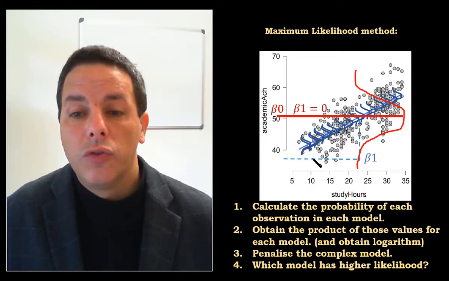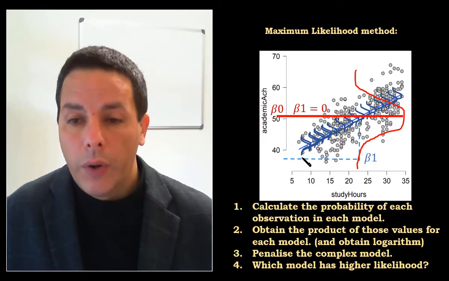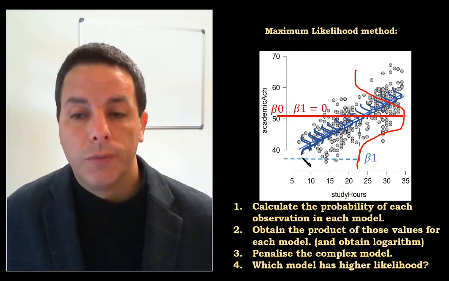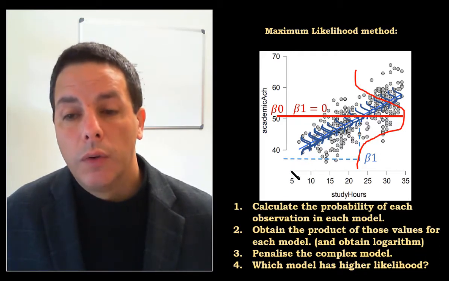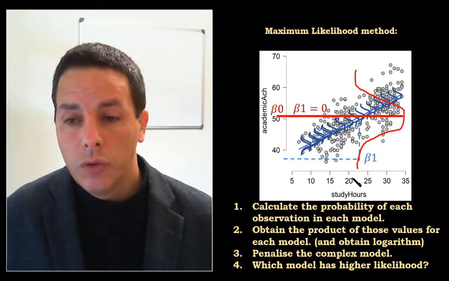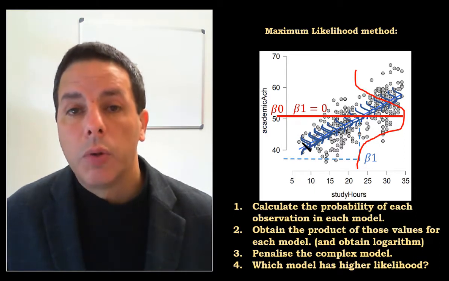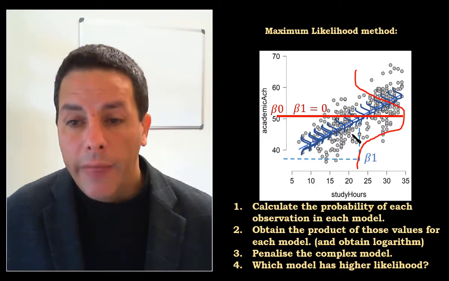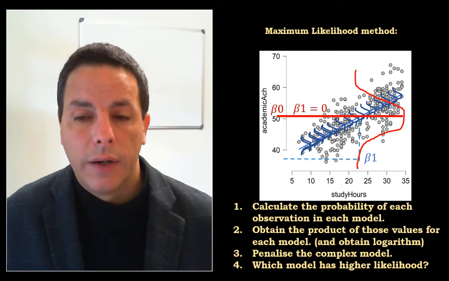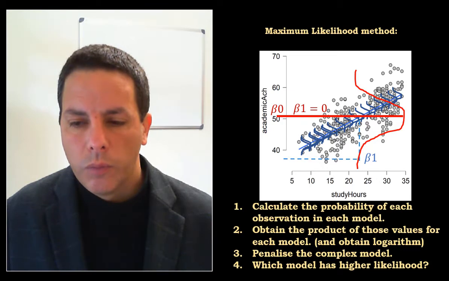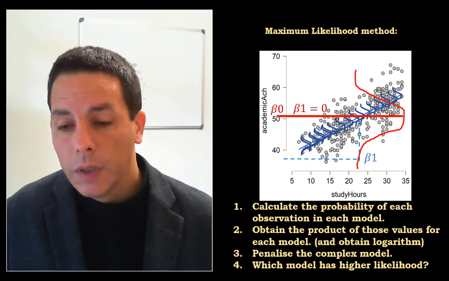But in these distributions, they are not so low because they are not so far away from the mean of the distribution. Okay, but we do the same. We use the different normal distributions for each value of X, but for each of the observations, we calculate the probability of observing that value. And then we multiply as we did, and we add the logarithm in order to be more manageable.